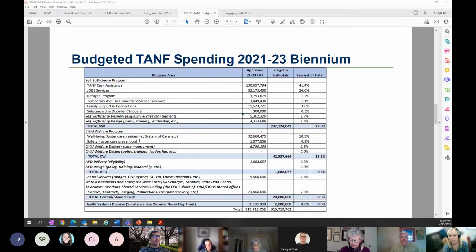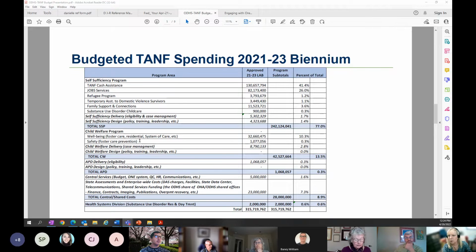I think were the two main areas that included the clothing allowance and some of the expansion of family support and connections funding. So that should all be reflected in the numbers that we have here budgeted for the current biennium.